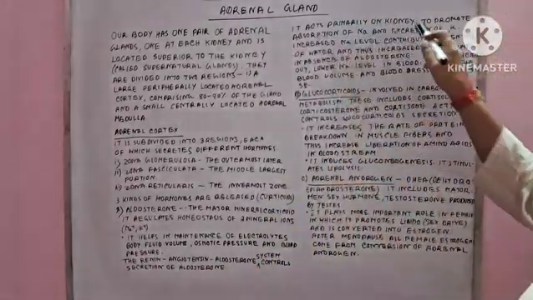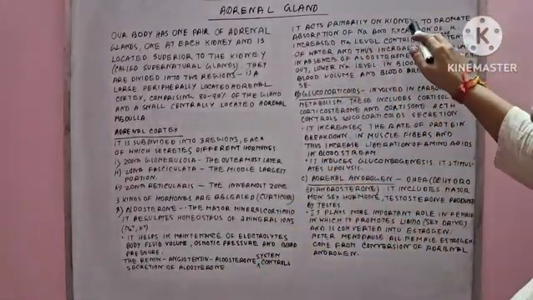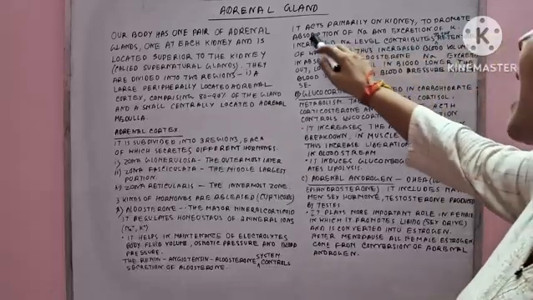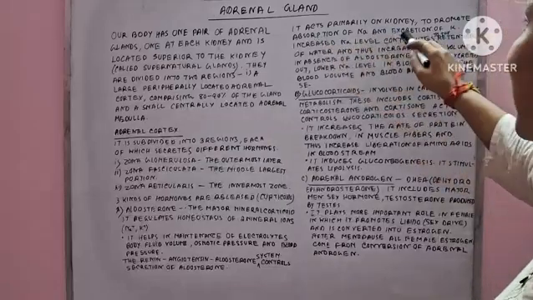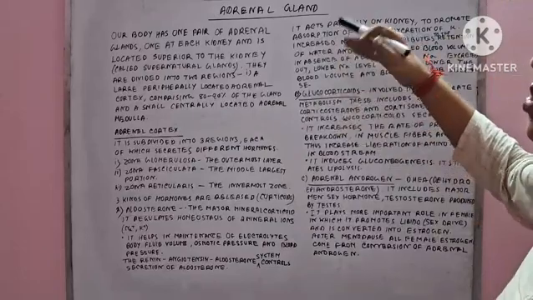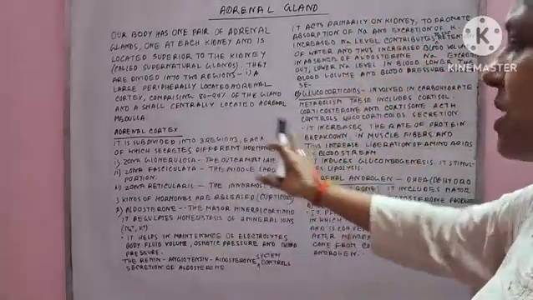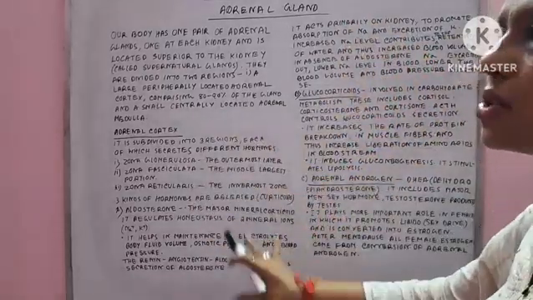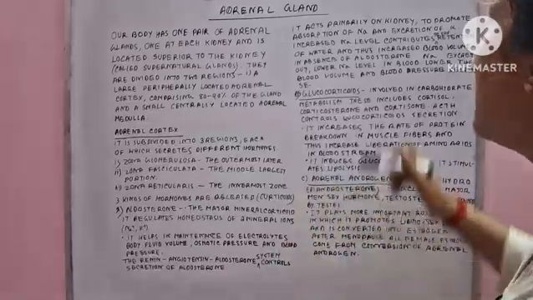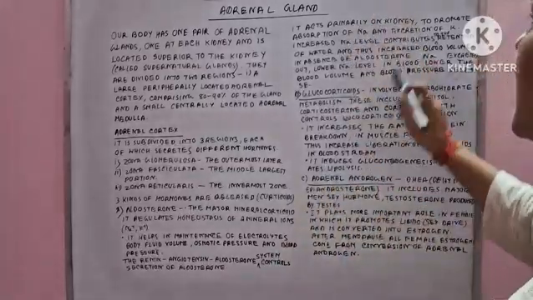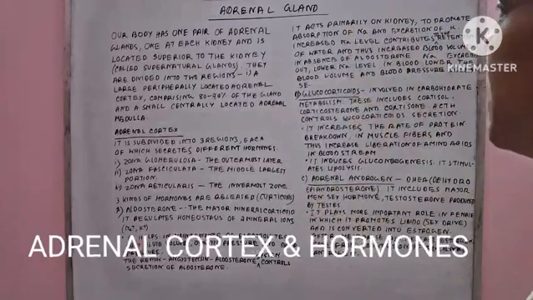It acts primarily on the kidney to promote the absorption of sodium and excretion of potassium. So what is the role of this control system? The main thing is the absorption of sodium ion and excretion of the potassium ion.